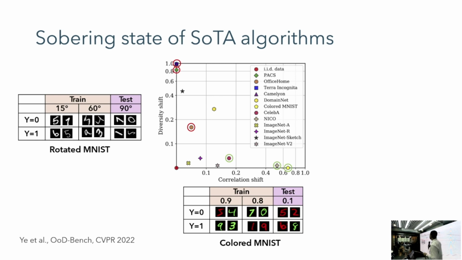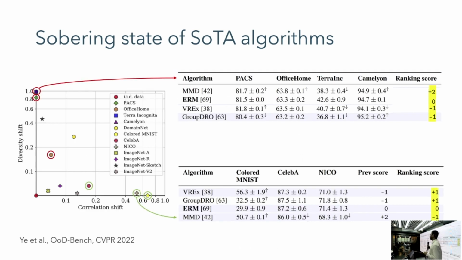So what they found was that some methods work better on diversity shift, some on correlation, but no method does well on both, right? And what's more damning is that it's not just that they don't work well, they sometimes work worse than doing ERM, which means just fitting the data using the simplest loss error possible.